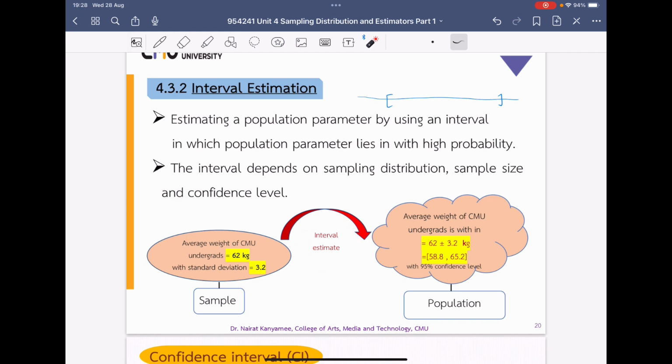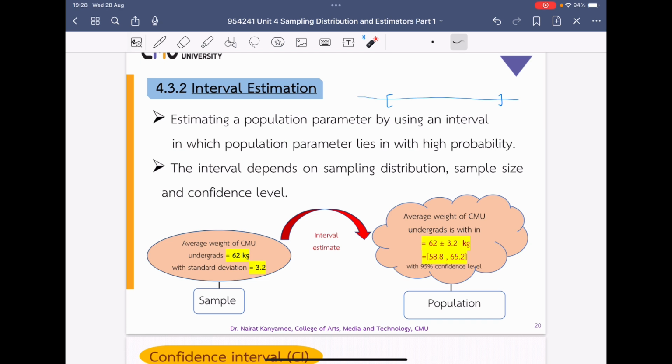It's going to be the interval about 62 plus and minus the standard deviation. So 62 minus 3.2 gives you 58.8, and 62 plus 3.2 gives you 65.2.